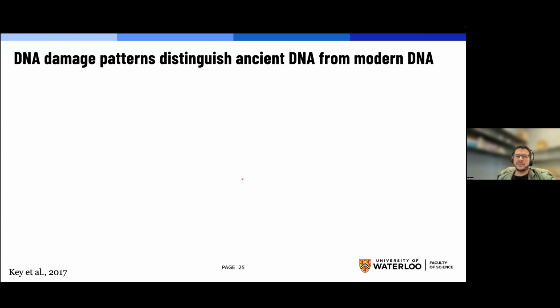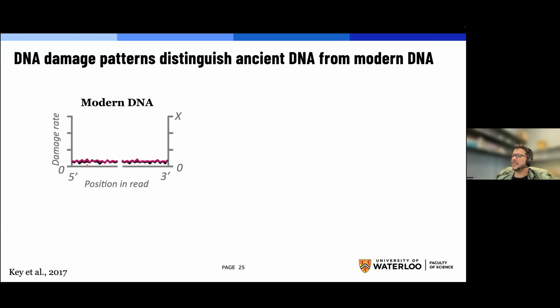Well, fortunately, there is an analysis that can help distinguish modern and ancient DNA in these types of data sets. And that is by looking at the reads and looking for something called misincorporation rates or damage patterns within the reads themselves.